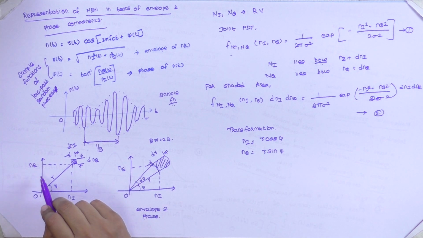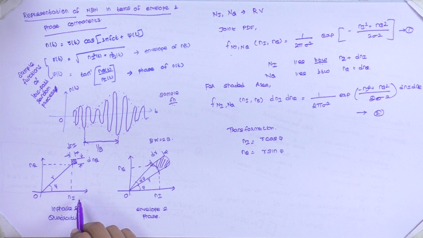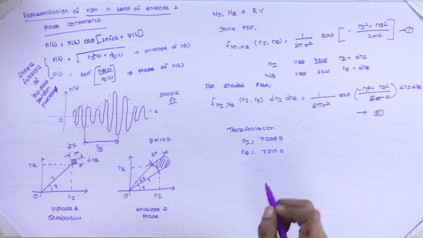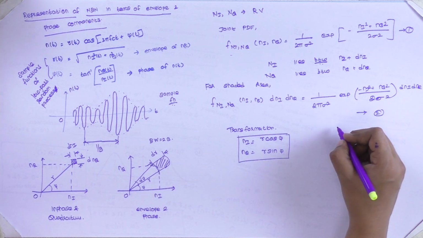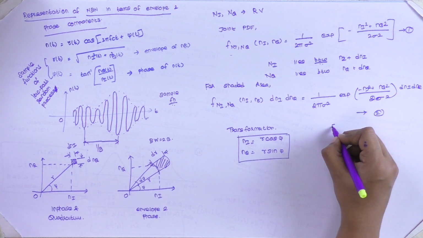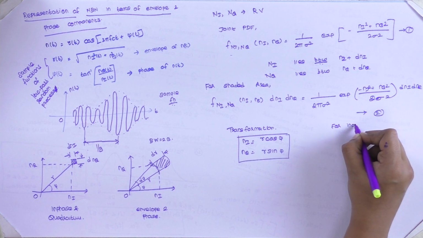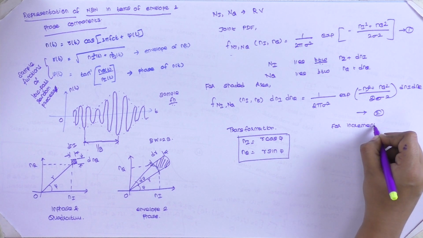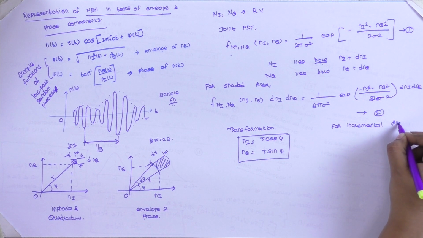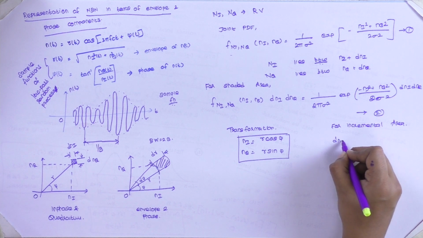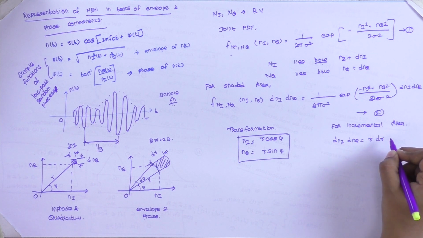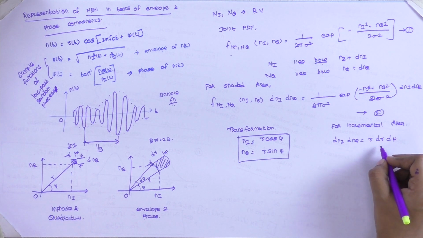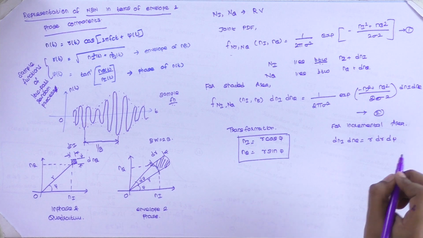Therefore, nq is equal to r sin ψ and ni is equal to r cos ψ. With the help of this transformation, for the small incremental area, dni dnq in terms of envelope and phase components can be rewritten as r dr dψ.